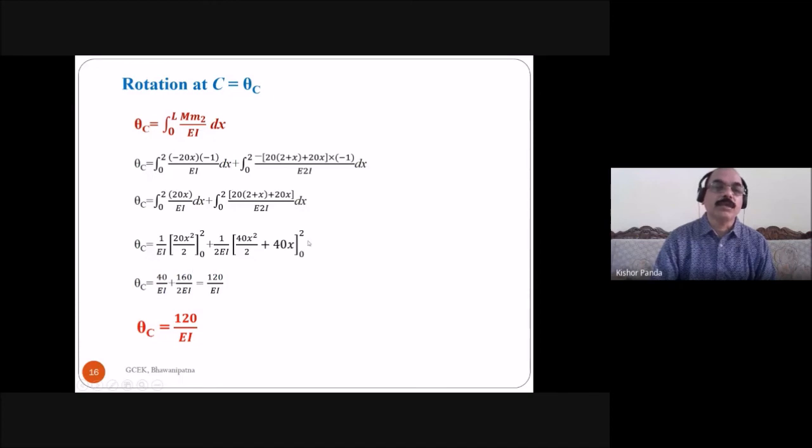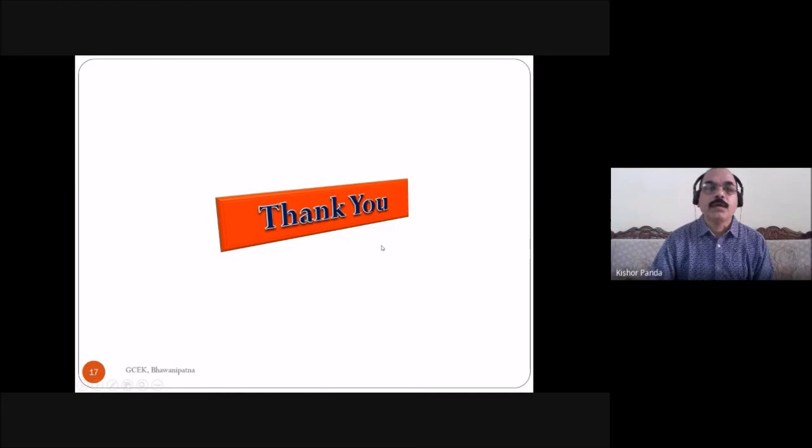Then you put in the values, and you will get theta C is equal to 40 by EI plus 160 by 2EI, so this is equal to 120 by EI. So this is the rotation at C. Theta C is equal to 120 by EI. This is the rotation of the free end of the cantilever beam. Now I will stop here.